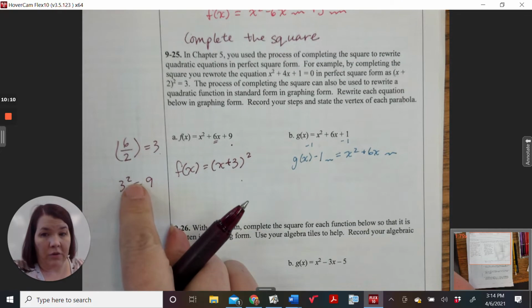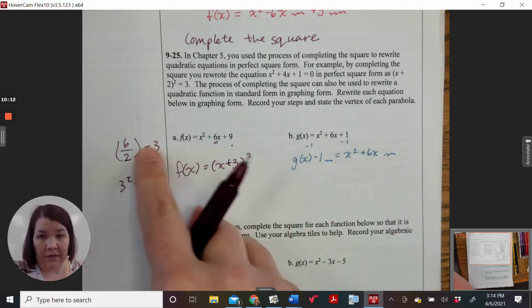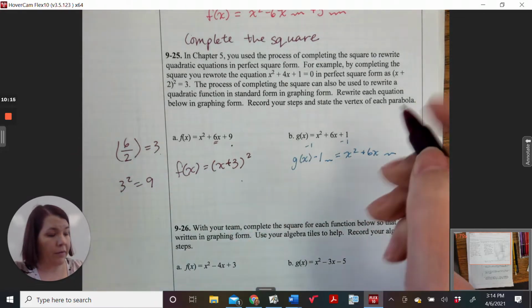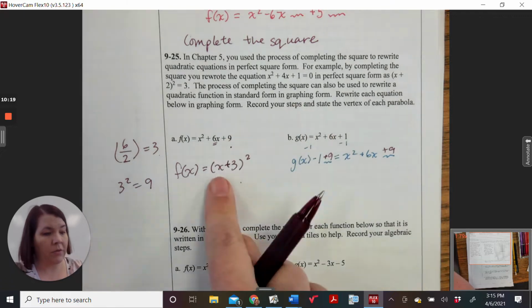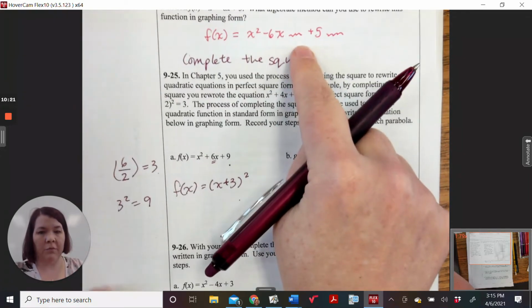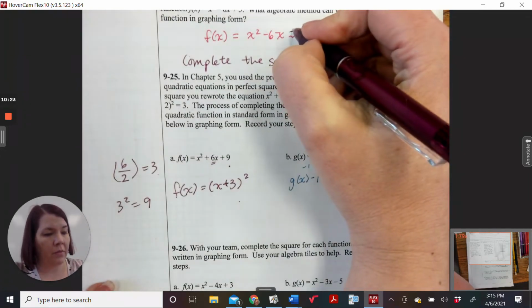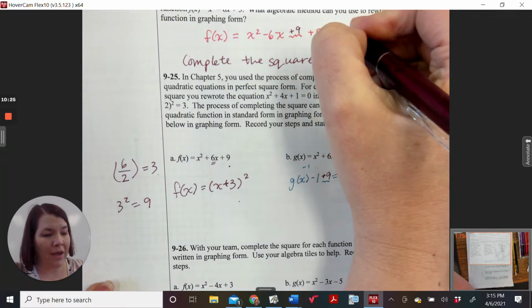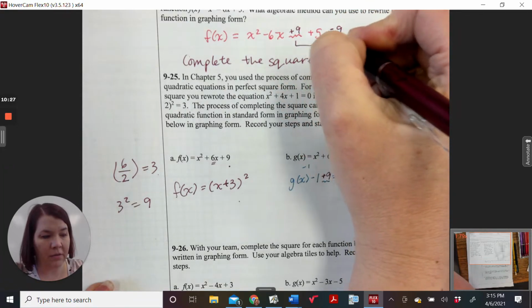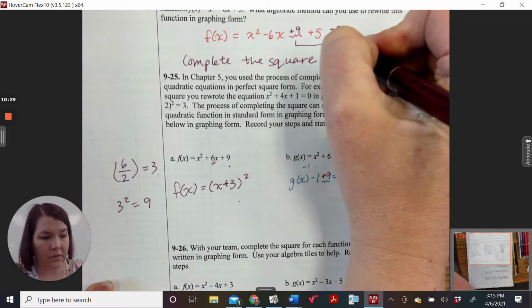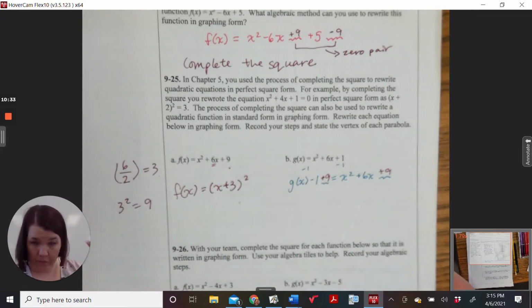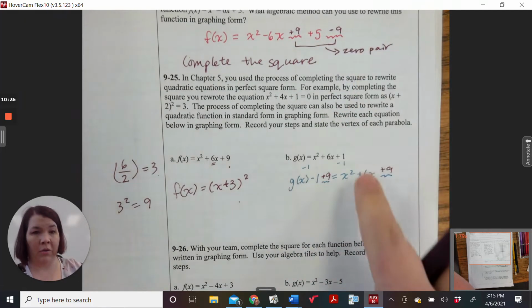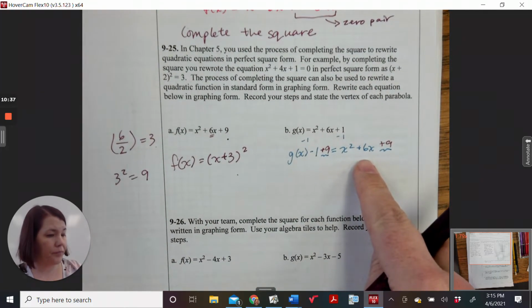I've already figured out what squiggle is, because it's half of 6, and square it. So squiggle is plus 9 on both sides. Whereas if I'm doing it here, like I was putting it back here, this would be plus 9, and this would be take away 9, so that I'm adding 0. So we're actually probably going to do it here more than we're going to do it here.